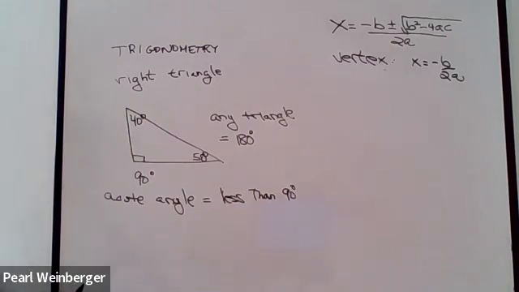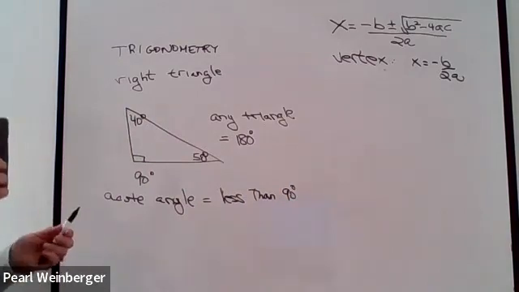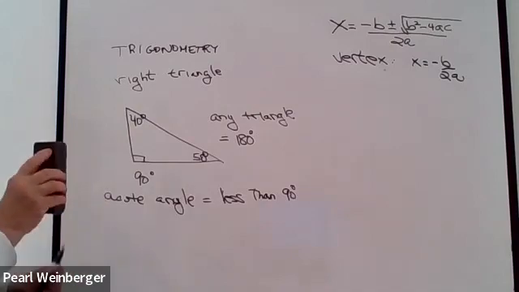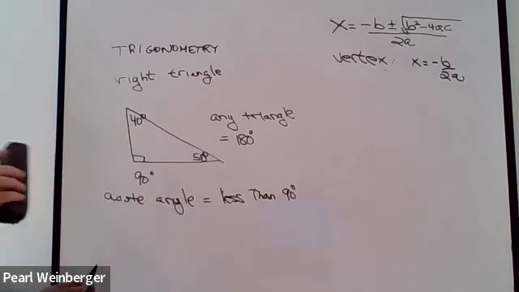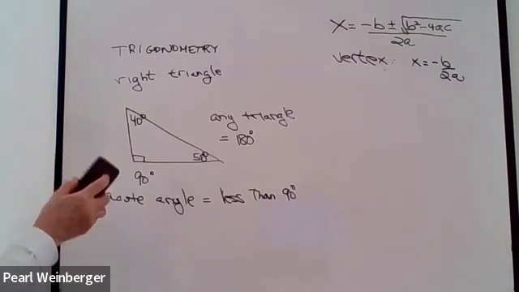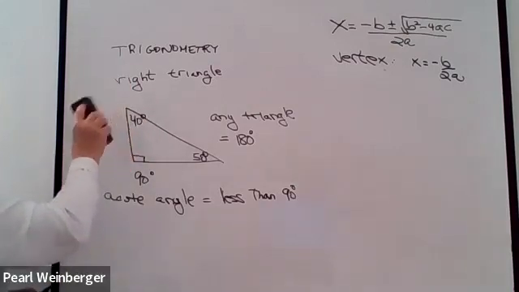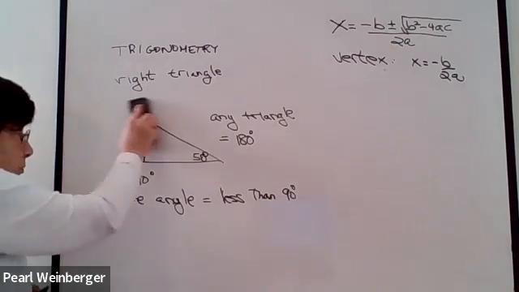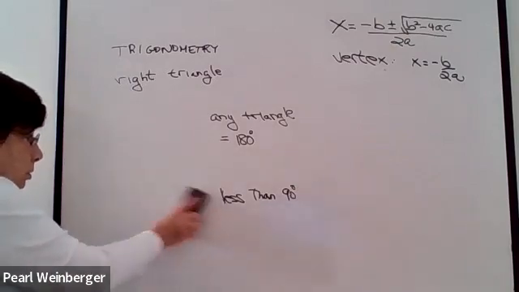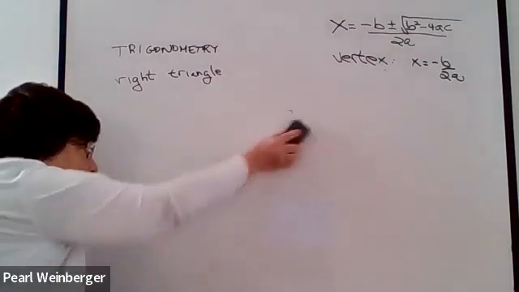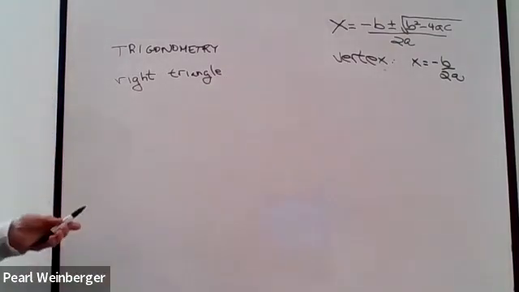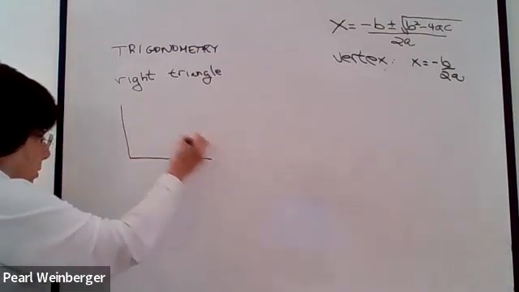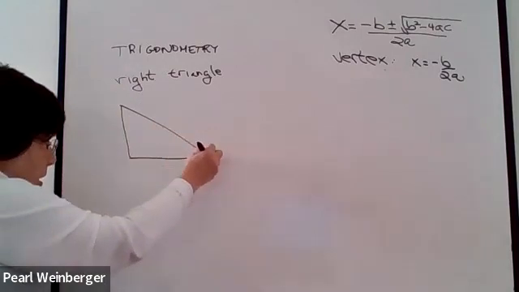Okay, now, one of the things that we want to do is learn how to call any triangle by its letters. We're going to specifically talk about right triangles because they're the ones that we're most interested in. So let's again draw ourselves a right triangle.